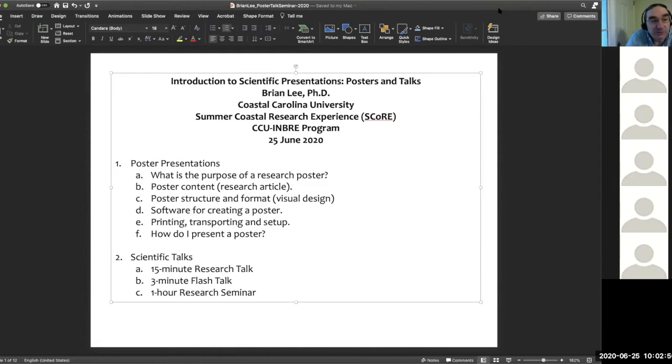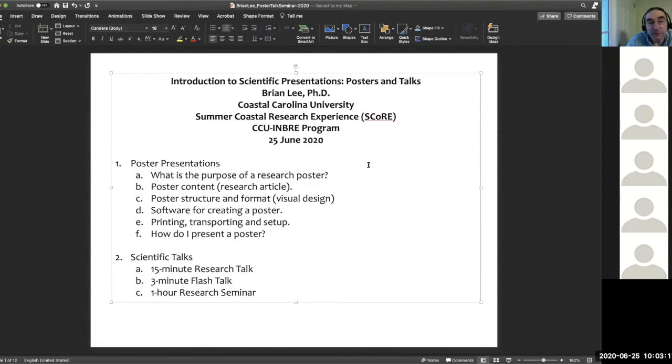So I'll go through talking about posters a bit first. What's the purpose of doing a research poster presentation? What content you would expect to see on a research poster. For the most part, it should be quite similar to a research article with a few exceptions.